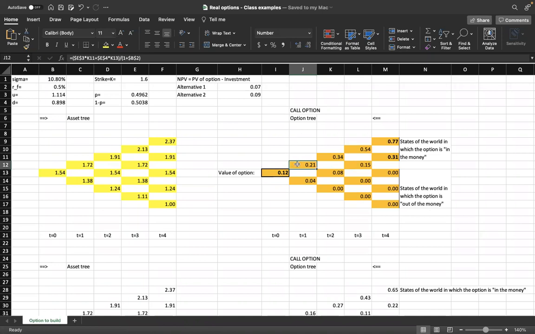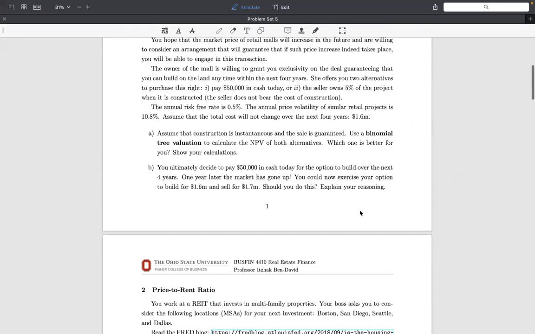You should think about the value of your option now without taking into account the sunk cost that occurred in the history. The value of my option is 0.21 million, but if I just build it now rather than wait, I only get 0.1 million immediately. So the value is lower. According to this NPV method, you should not build, because holding the call option, which means waiting for the future, is actually more profitable. This ends question 1.